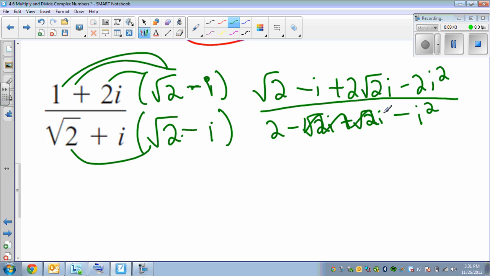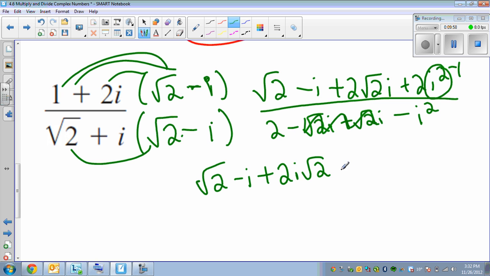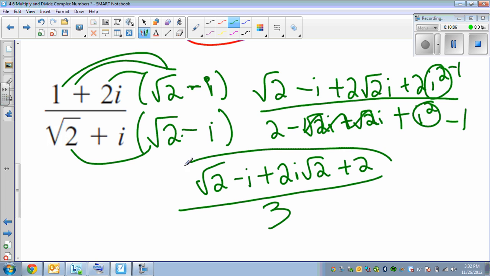So they all cancel. The top, the only thing that really can change is that this turns into a negative 1, so that's a plus 2. So the top is still going to be really ugly. But the bottom is going to turn into something kind of cool, which is just 3. So that's an ugly one. But the bottom turned out really cool, which is nice.